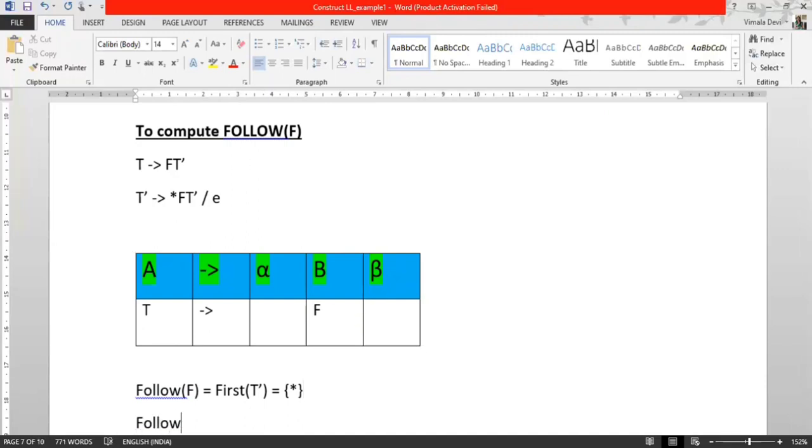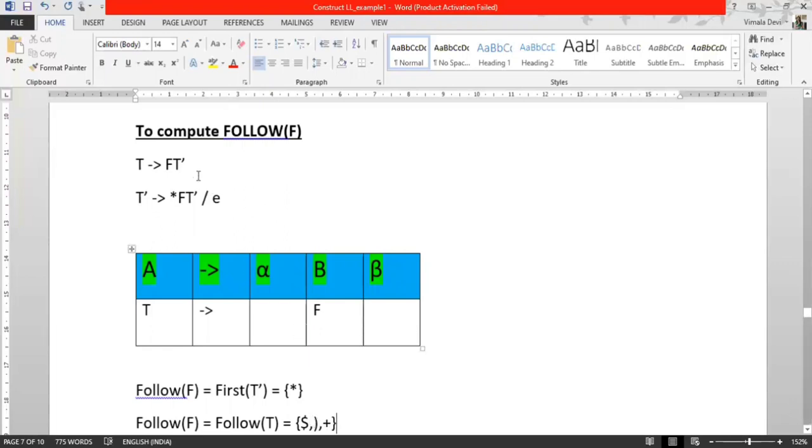Follow of F is equal to follow of T. Follow of T, which we have identified as dollar symbol, close parenthesis, as well as plus. So now when we combine follow of F together, we obtain in fact the four symbols.